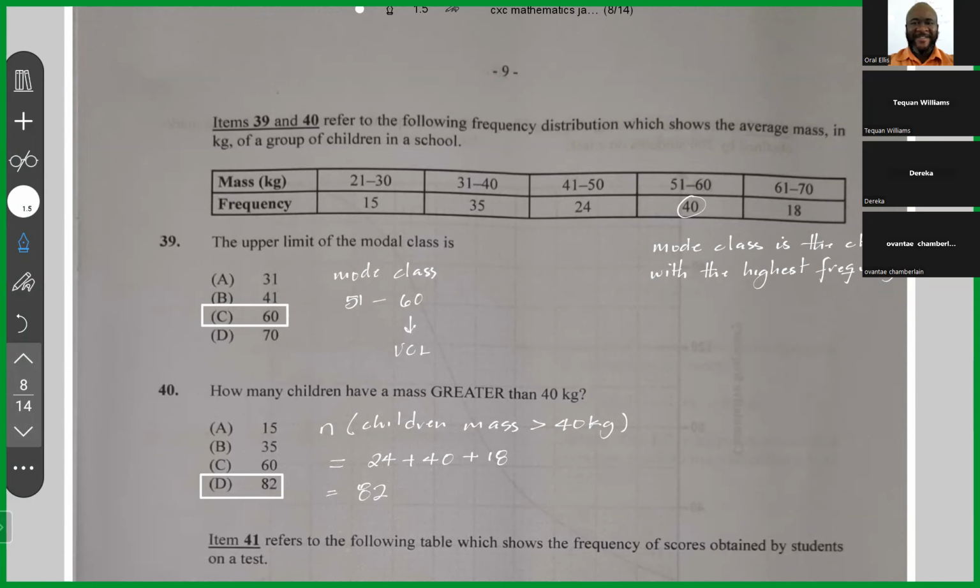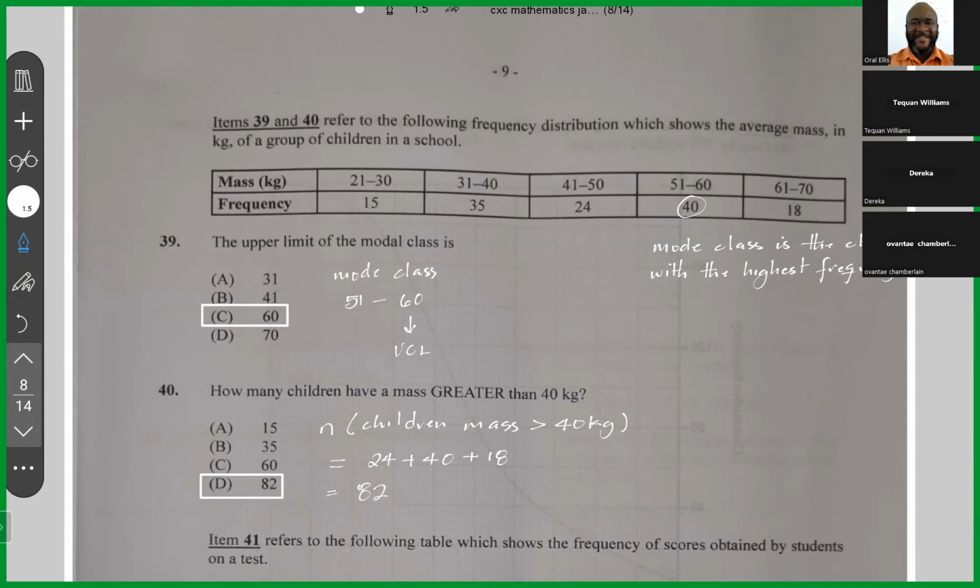Now, we're asked for the upper limit of the modal class. Over to the right there, I wrote, the modal class is the class with the highest frequency. Now, the highest frequency is 40, and it corresponds to the class 51 to 60.